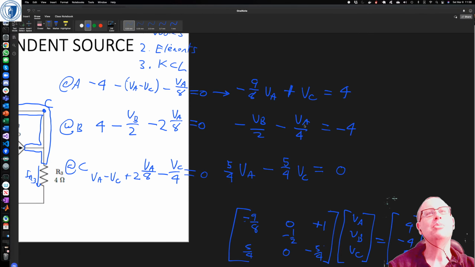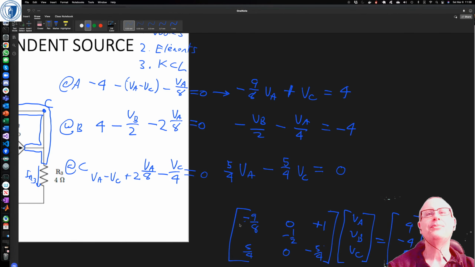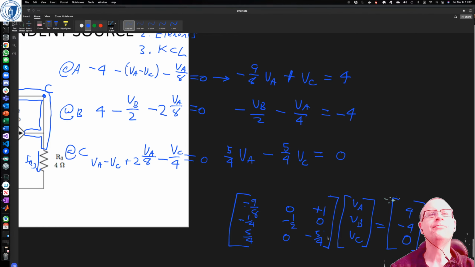I put VA on the wrong side of VB, so this row should be minus a quarter, minus a half, 0. Is that correct now? Yep. Okay, cool. Thank you.